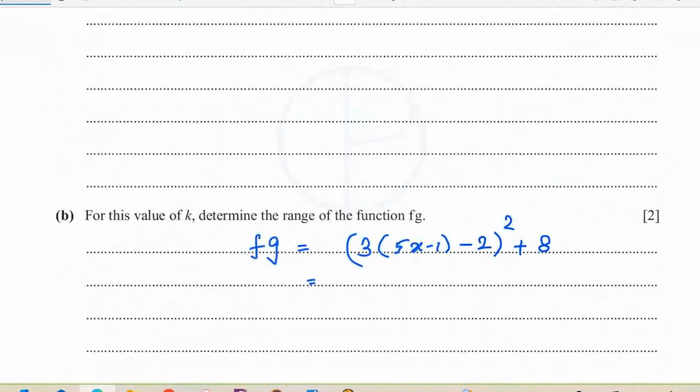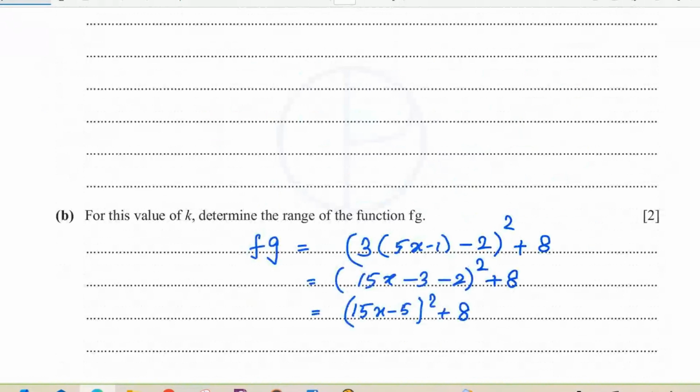So now let's simplify this. 3(5x minus 1) is 15x minus 3, minus 2, the whole squared plus 8, which is nothing but (15x minus 5) the whole squared plus 8.